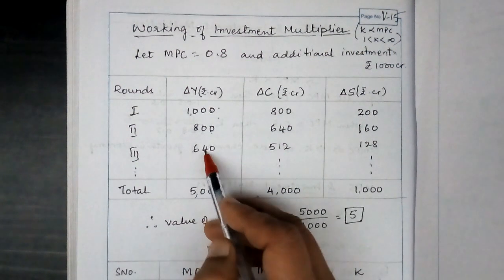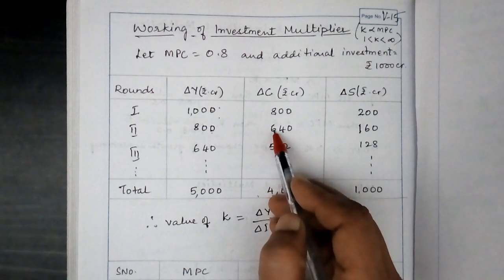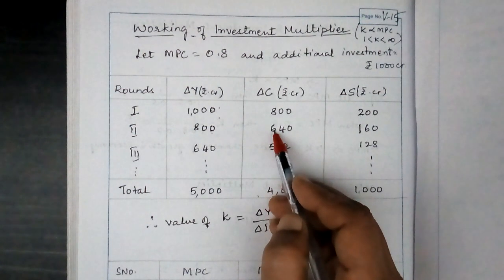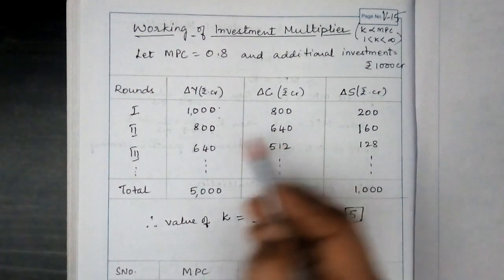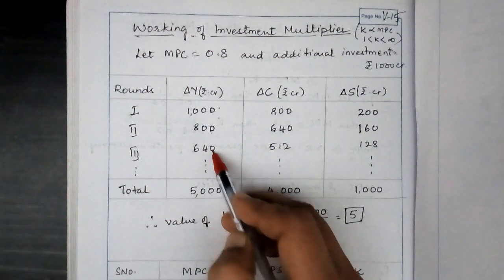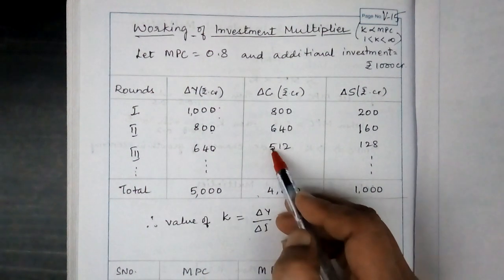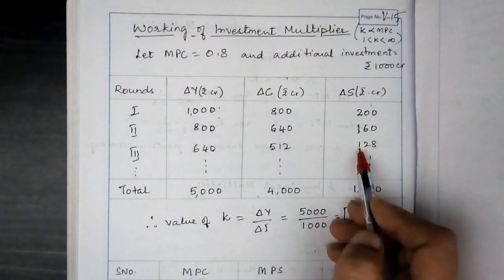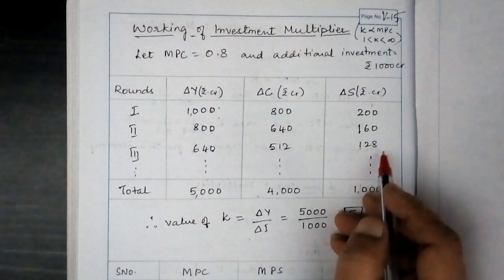Now in the third round, since we learned one's expenditure is others' income, this consumption comes back as the income in the third round. Now 80% of this income will be consumed, which is 512, and 20% will be saved, which is 128.